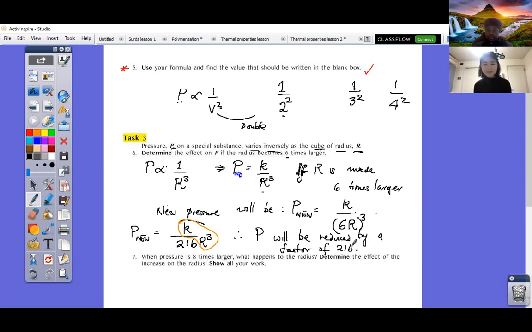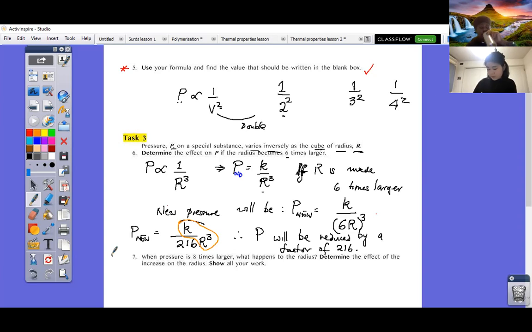Yeah, I understood. Good. Okay, number 7 then. When pressure is 8 times larger, what happens to the radius? Determine the effect of the increase on the radius. Show all your work. Any ideas how to go about that one now?